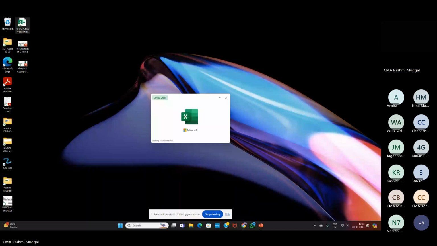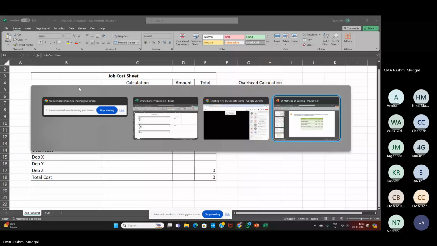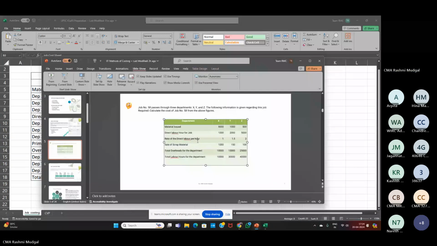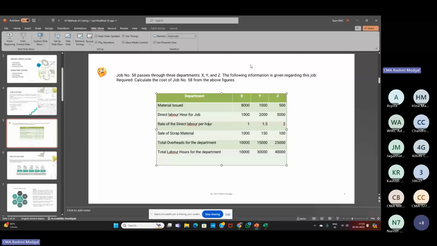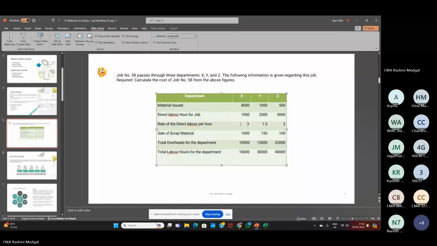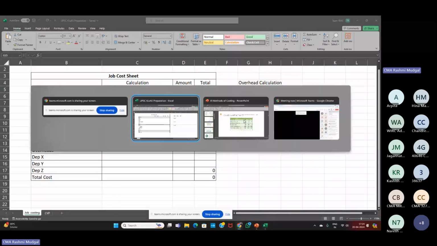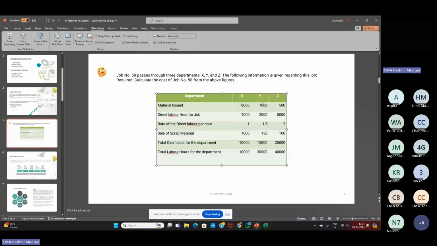I have made this small job. Okay, so as we can see, the material issued in X, Y, and Z is available.